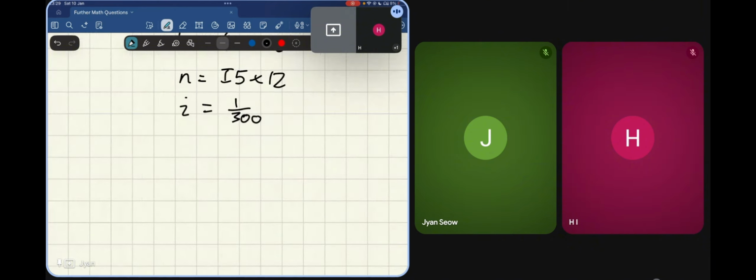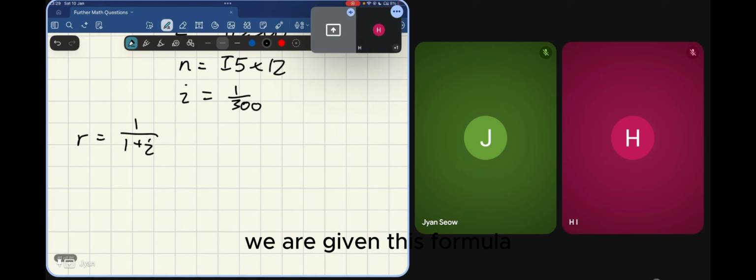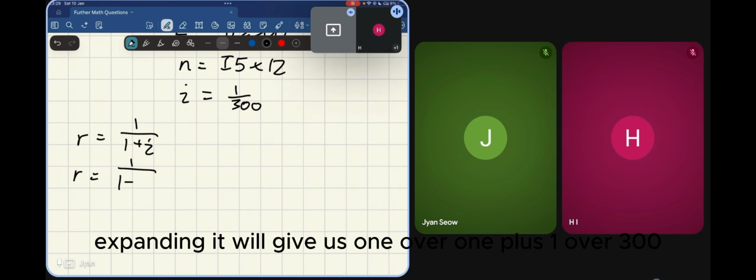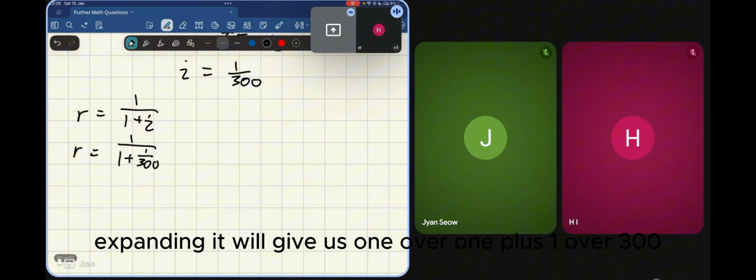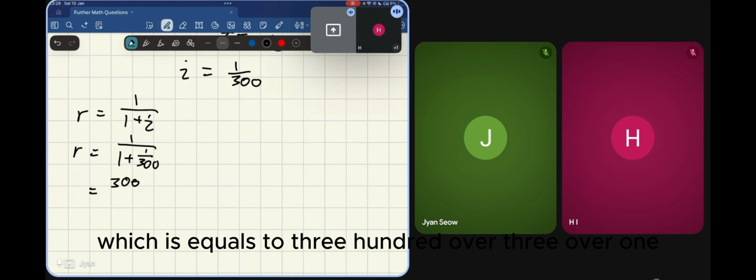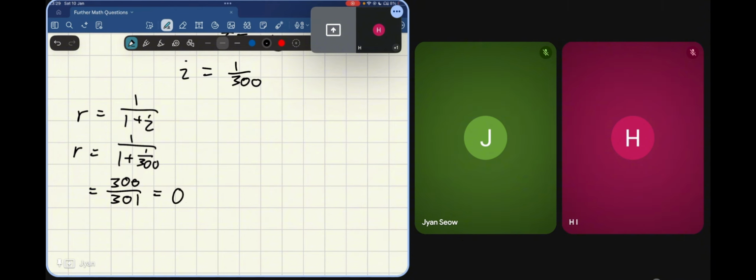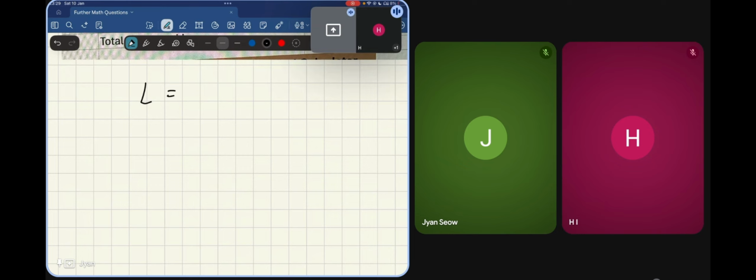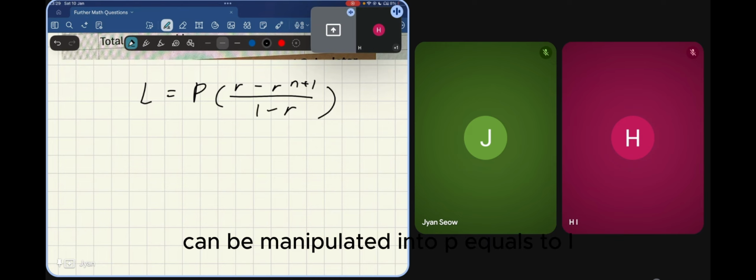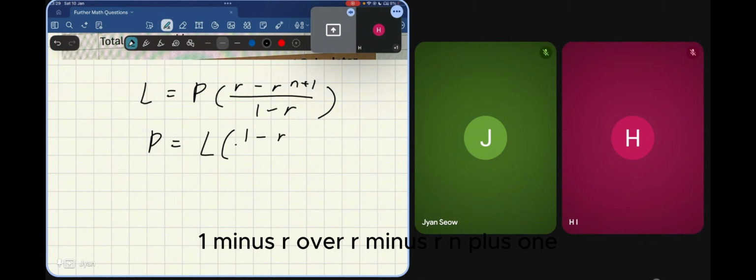So, finding R, we are given this formula. Expanding it will give us 1/(1 plus 1/300), which equals 300/301, giving us our I4. Now, since we are given this formula, it can be manipulated into P equals L(1 minus R) over (R minus R^(n+1)).